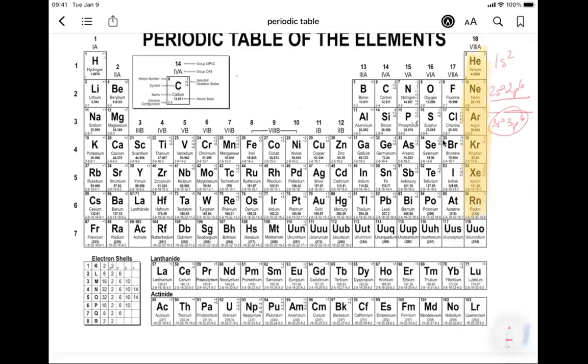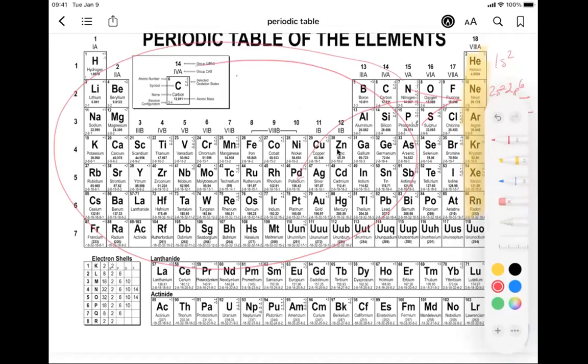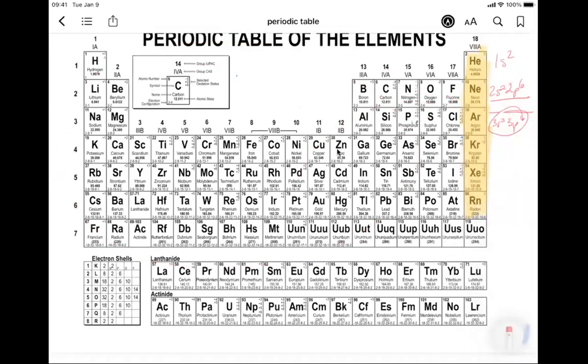This is why elements are reactive: all the rest of these elements are trying to be like that group. Whether they have to gain electrons, lose electrons, or share electrons, in whatever way they can get a full configuration, that is why everything else is reactive.